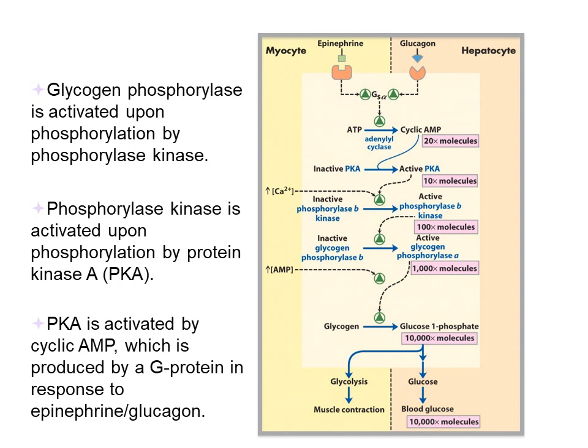Glycogen phosphorylase is activated upon phosphorylation by phosphorylase kinase, and then phosphorylase kinase is activated upon phosphorylation by protein kinase. Protein kinase is activated by cyclic AMP, which is produced by a G protein in response to epinephrine or glucagon.